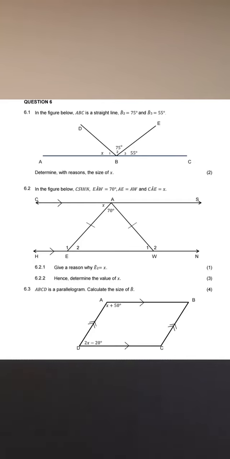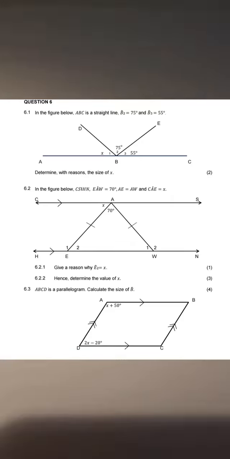So for angles to add up to 180, there needs to be these two conditions met. The first condition is that they need to share a common vertex. So B is a common vertex. Then two, they need to be lying on a straight line, completing the straight line.